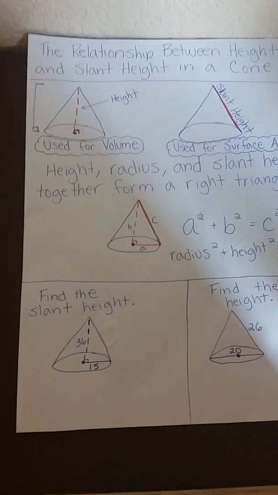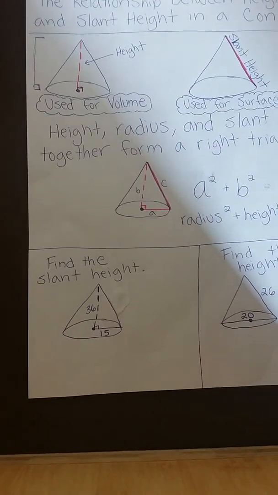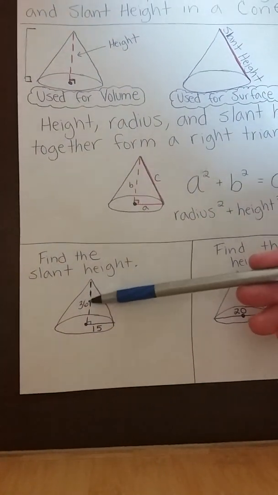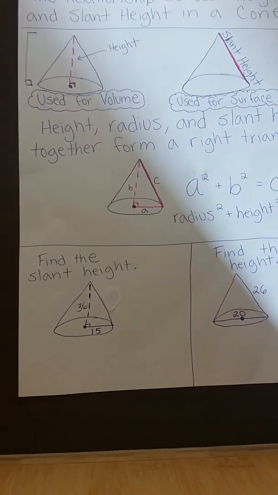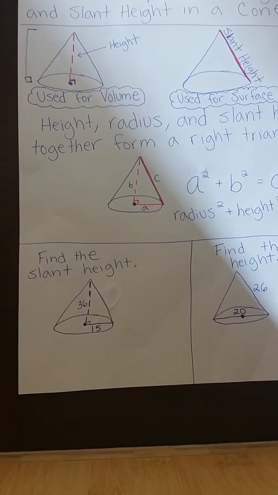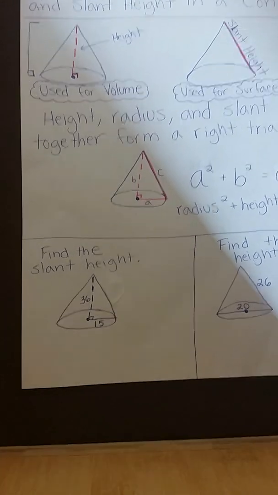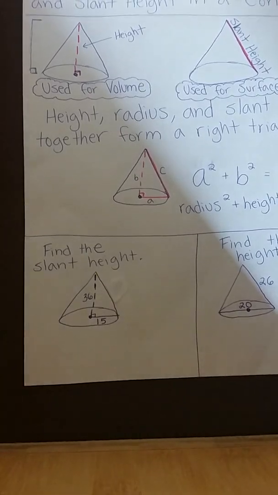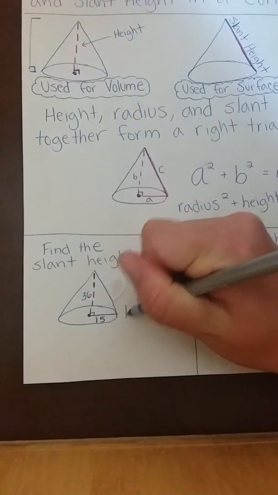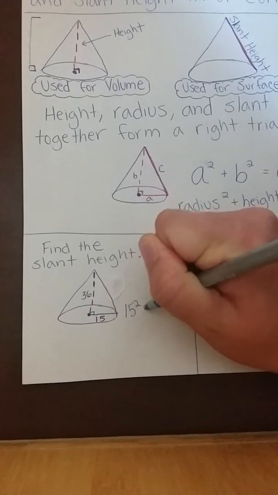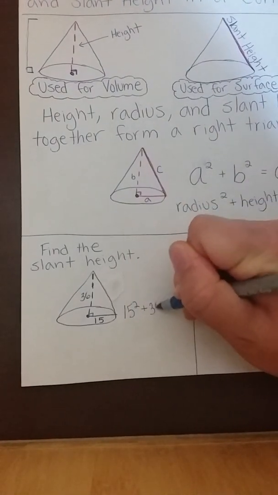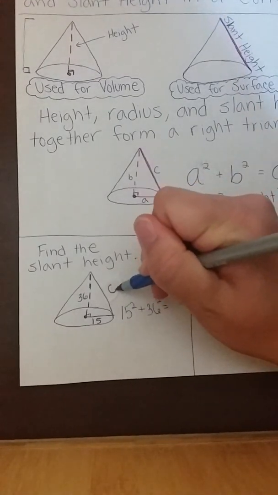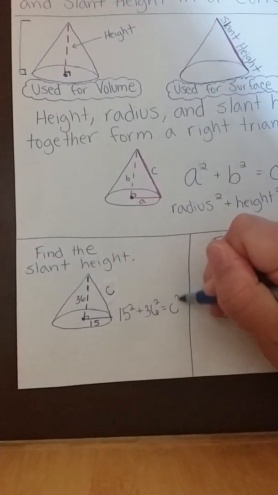For example, if you look at this cone here, this cone has the radius and the height given to us, and it says, find the slant height. Well, I know radius squared plus height squared equals slant height squared. So I can say 15 squared plus 36 squared equals slant height, which I'm going to call c, so equals c squared.